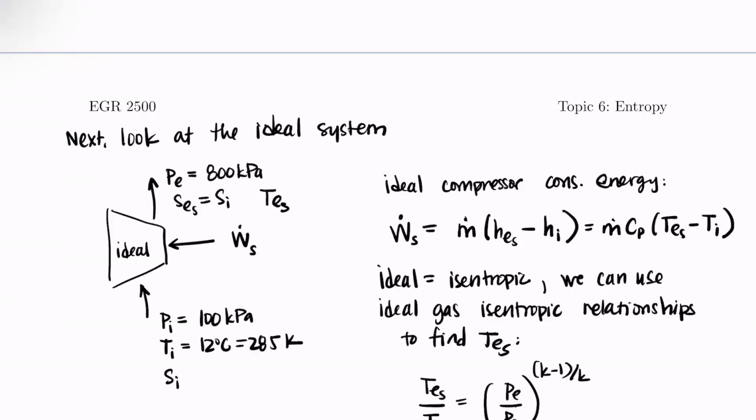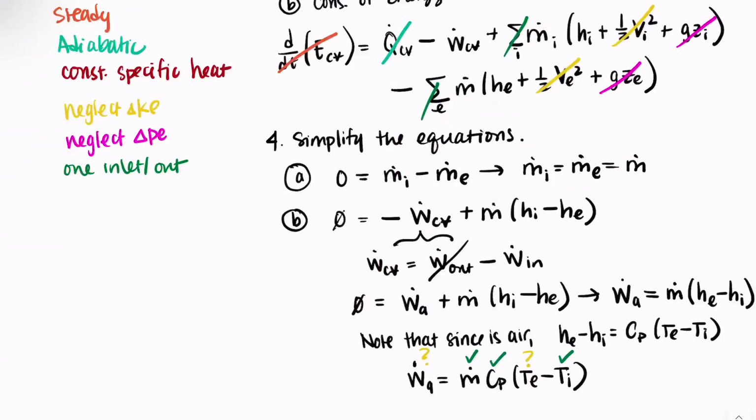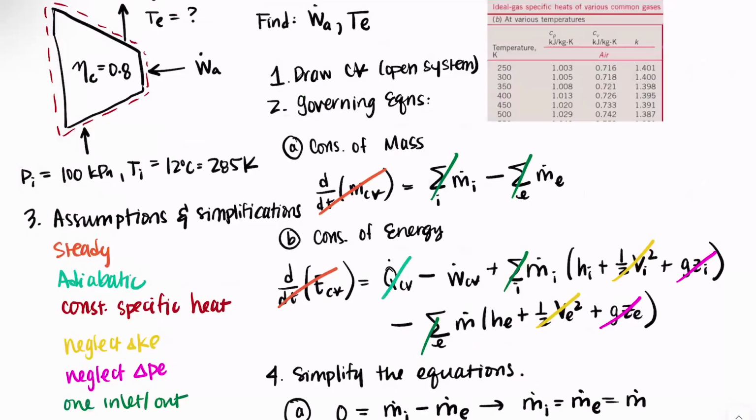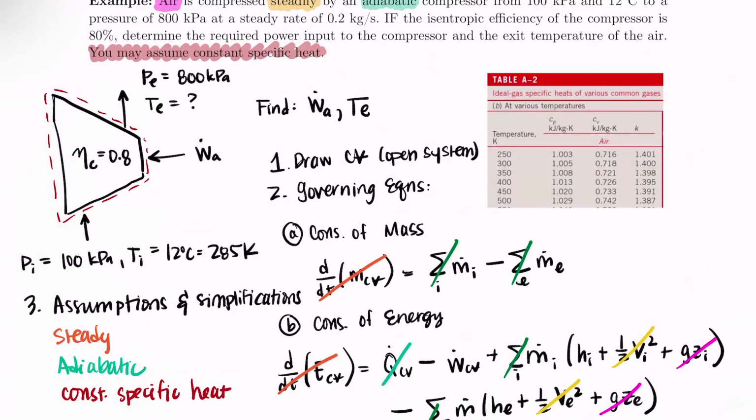Okay, so we need CP and K values for air. So we're going to use this table A2, which fortunately I have included this time. All right, and so we know we need to pick a temperature, right?